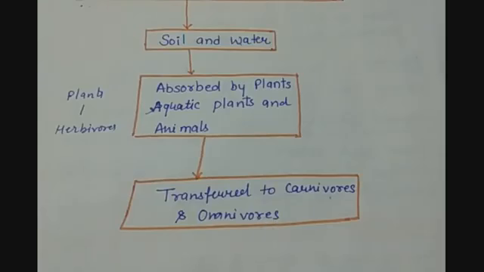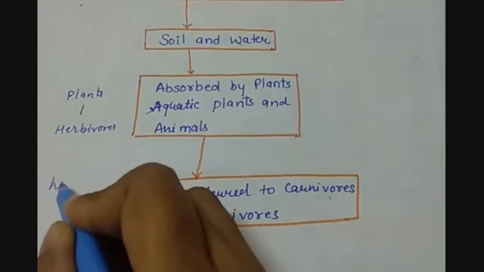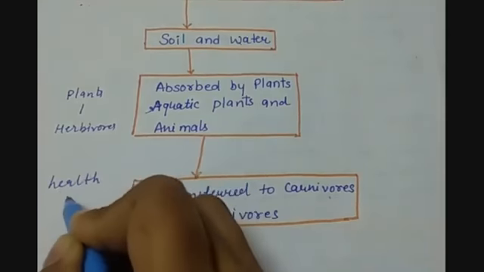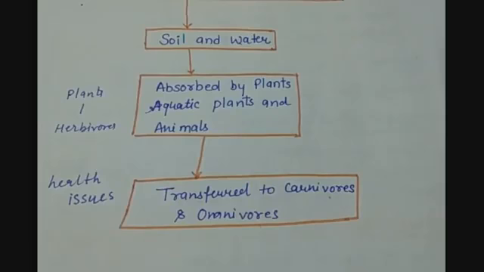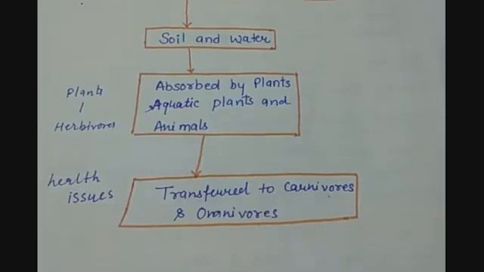And this accumulation of these chemicals in the body of humans and other higher animals causes several health problems. So health issues are developed. Since human beings occupy the top position, the highest concentration gets accumulated in humans.